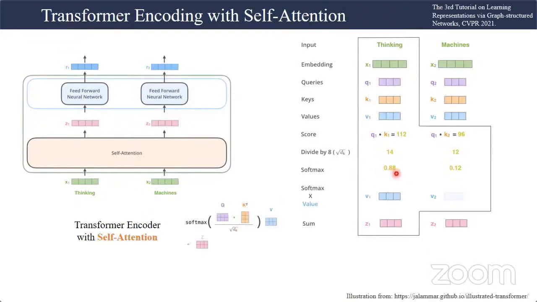After normalization, the weight for Q1 K1 is 0.88, and the weight for Q1 K2 is 0.12. These weights then will be used to weight their values to compute an updated output for the token. Here Z1 equals 0.88 times V1 plus 0.12 times V2.